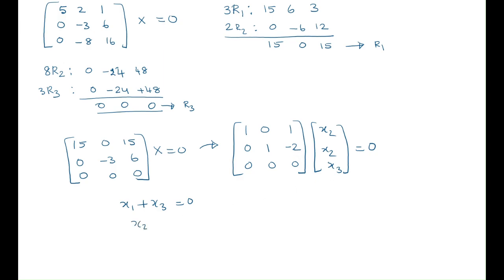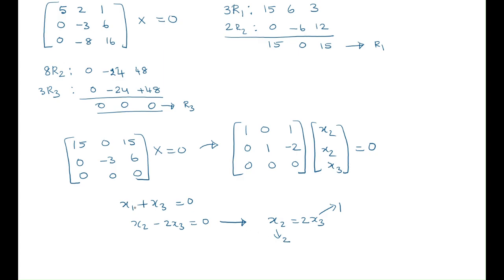So x2 minus 2x3 equal to 0. So from the last one, I have x2 being equal to 2 times x3. So if I put x3 to be 1, naturally I will get x2 equal to 2.